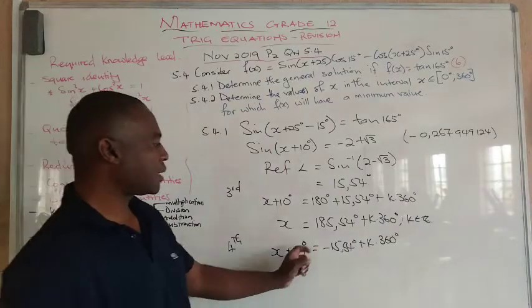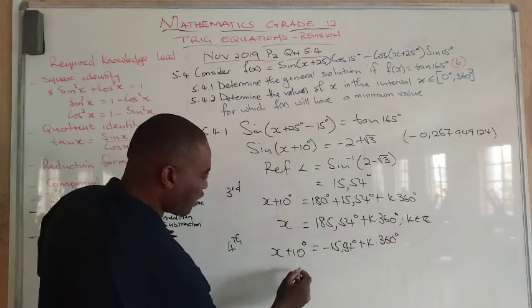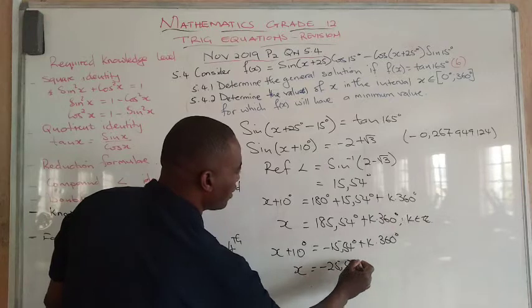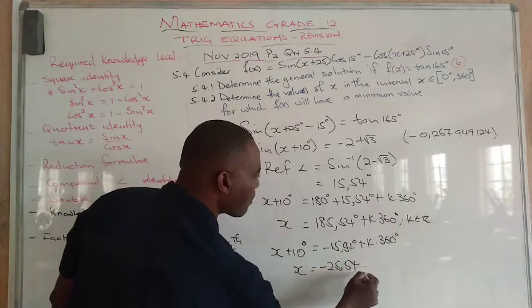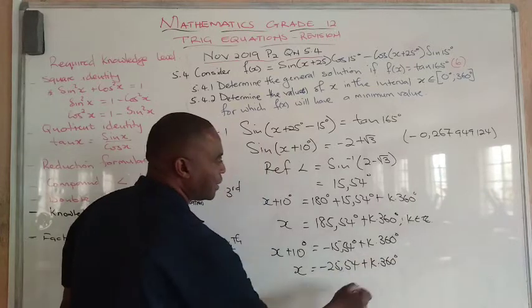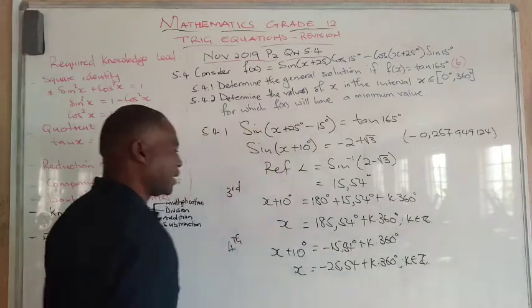And then transposing the 10, it will be minus 15,54 minus 10. So our x will be negative 25,54 plus k times 360 degrees, where k is an element of integers.